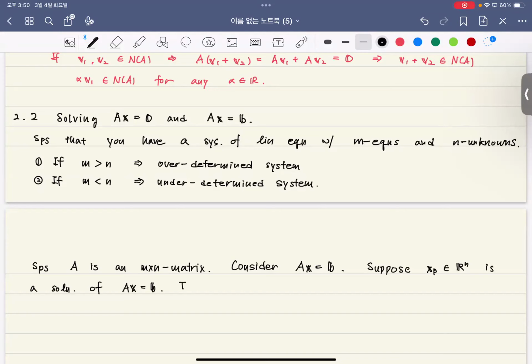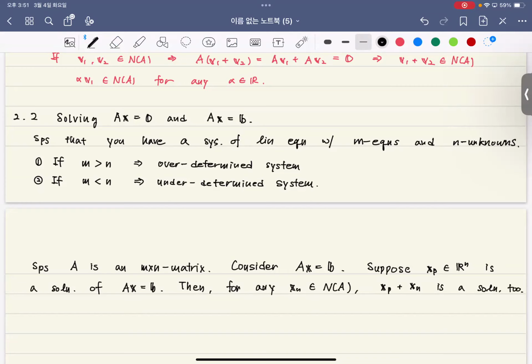In this case, for any xn, just choose any random vector from the null space of A, then xp plus xn is a solution too.